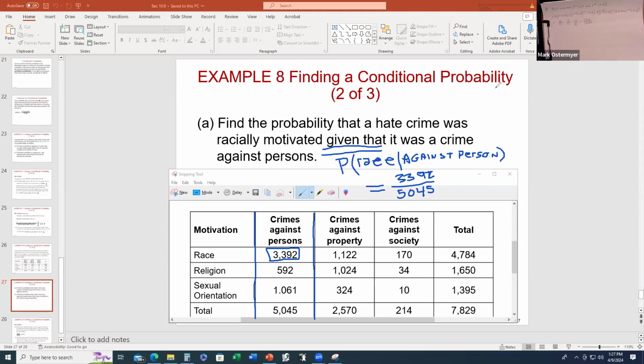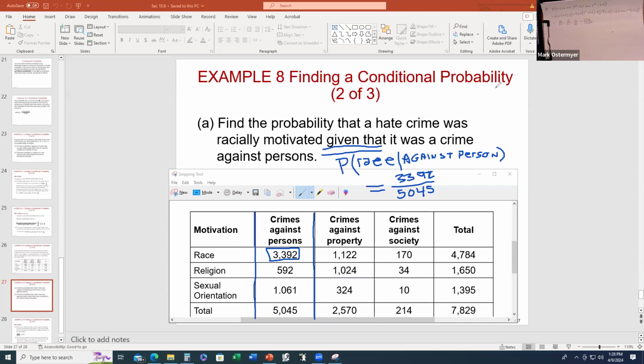In that question, did you ever hear the phrase given that anywhere? No. And because you never heard the phrase given that in there, we are not locked into a row or a column. Does that make sense? And that's why we're dividing by the grand total.